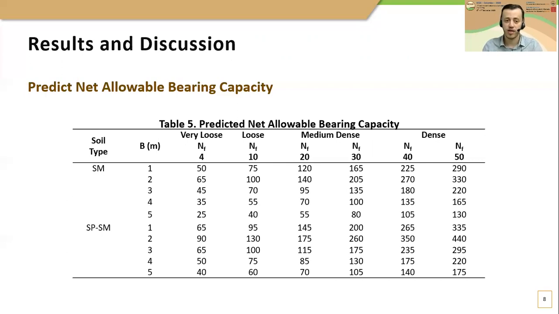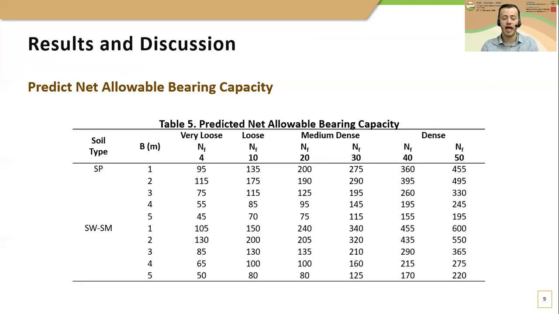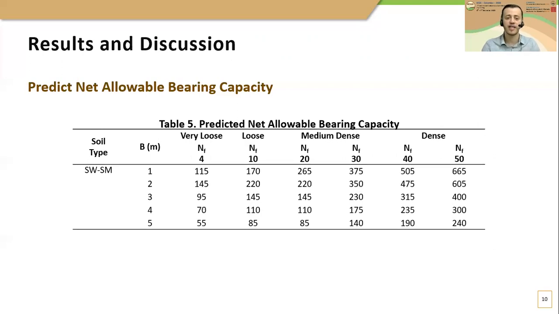Once we have the soil type, the foundation size, and the density of the soil based on the SPT value, we can predict the net allowable bearing capacity. And we have done that for the 5 soil classifications of sandy material: the SM, SPSM, SP, SW, and SWSM.